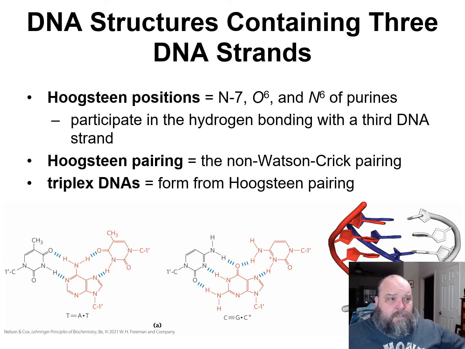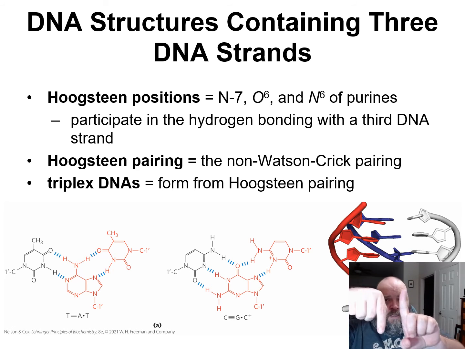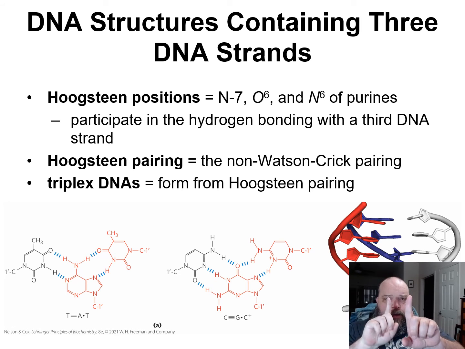Not a complete length of the chromosome, but maybe in short segments. Now, I'm a little unsure of this because I've seen it talked about both ways. Here's what I'm talking about. It's the true B form that has been slightly altered, still has the anti-parallel, but you offset the strands just enough, you can insert a 3rd strand in there.